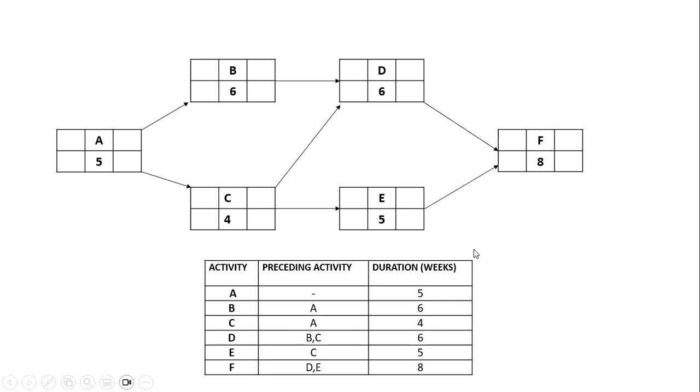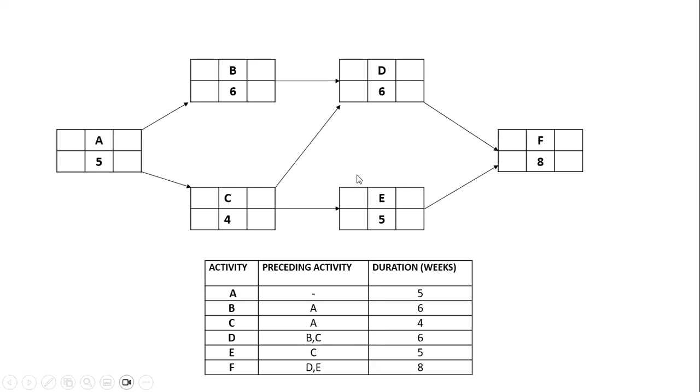However, it's important to take note, as you see on the table, that activity F cannot start until D and E are finished, right? So even if E is finished, as you can see here, that E is going to take 5 weeks, it still does not mean that you can start F, because you have to wait until D is finished before you can start F. So that's just how to interpret. By just looking at this, you should be able to understand what it is saying.